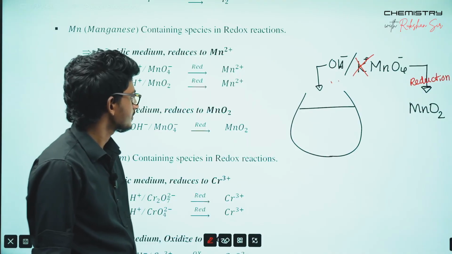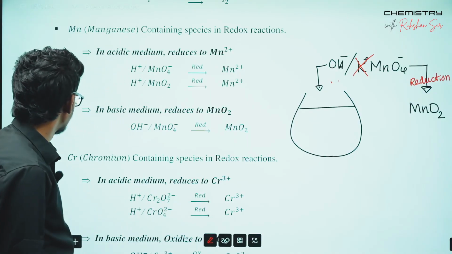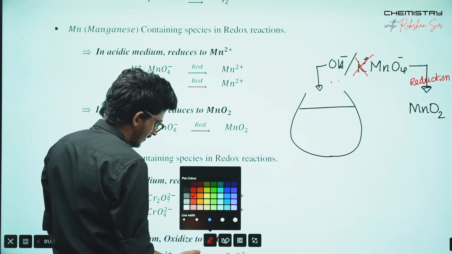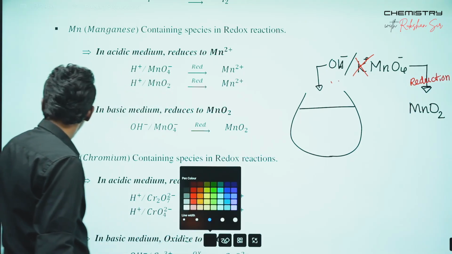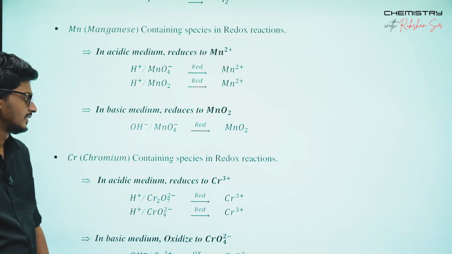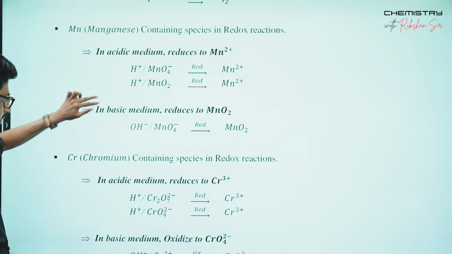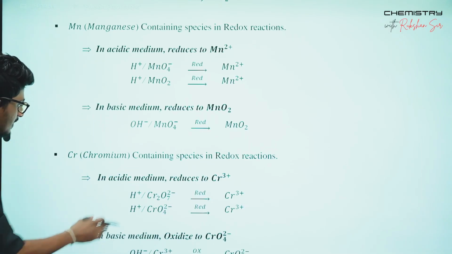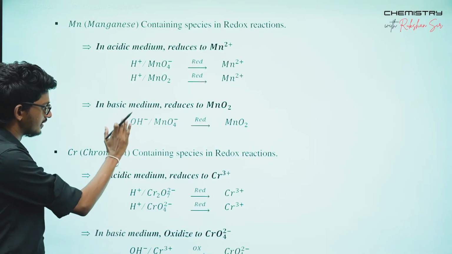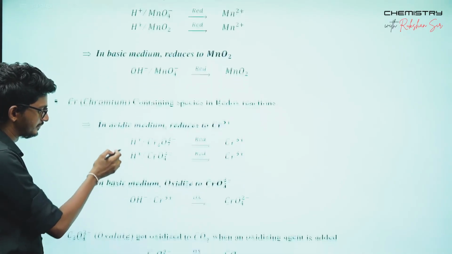Let's consider the next one, the chromium containing species. How do these chromium containing species behave in redox processes?